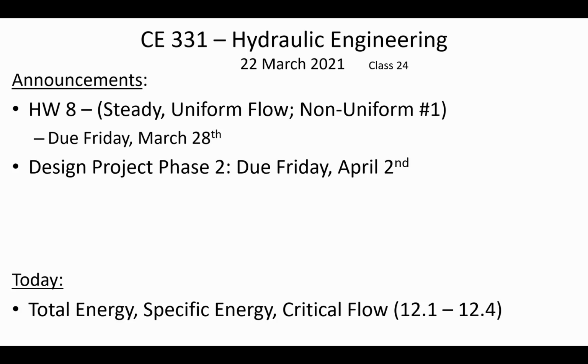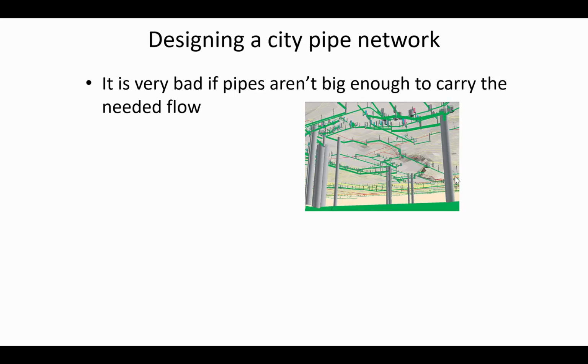Because so far in chapters 10 and 11 we were really just focusing on how to use Manning's equation, which assumes steady uniform flow. But most of the time flow is not steady and uniform. So we need a more robust set of tools for predicting the relationship between flow rate, cross-sectional shape, and depth. But first, let's talk about pipe network sizing.